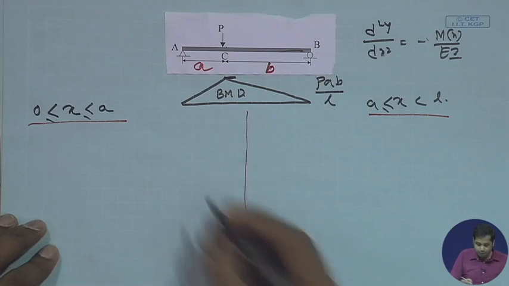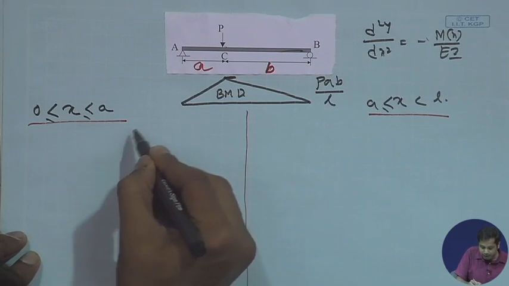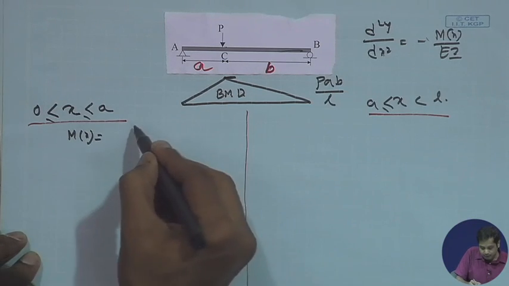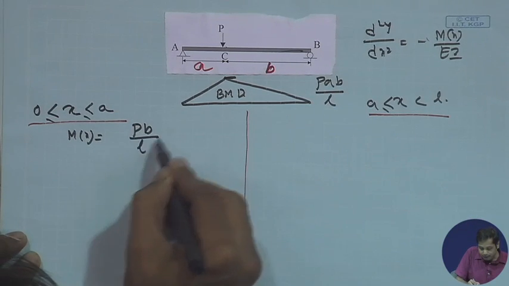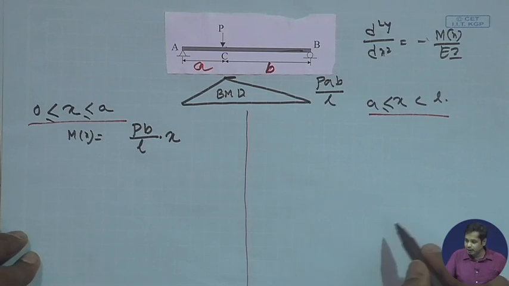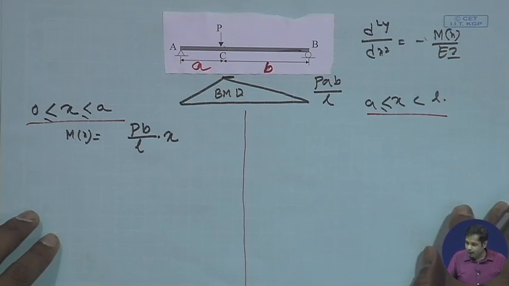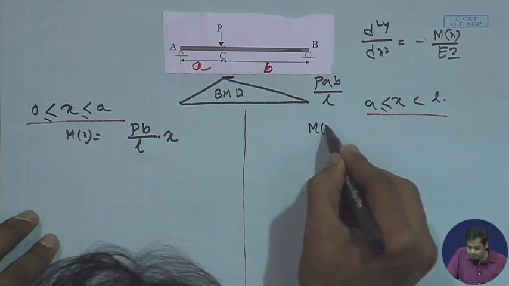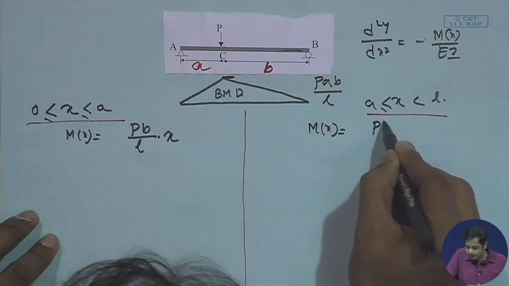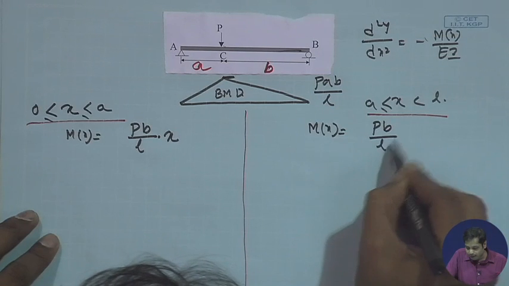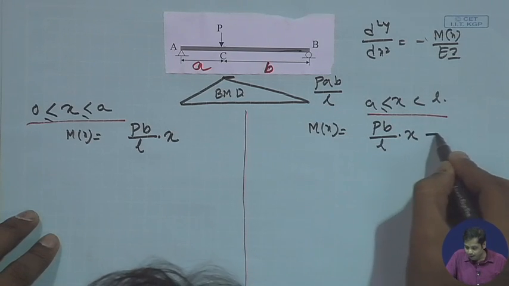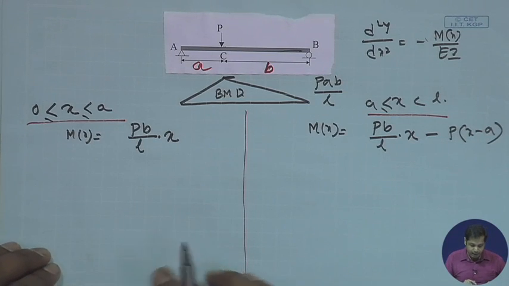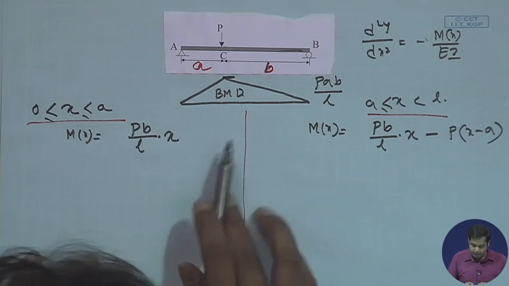And the expression for bending moment here is M(x) is P into b by L x. Please verify this yourself. And for this part, the expression for bending moment is P b by L into x minus P into x minus a. Let us see whether they are consistent or not.